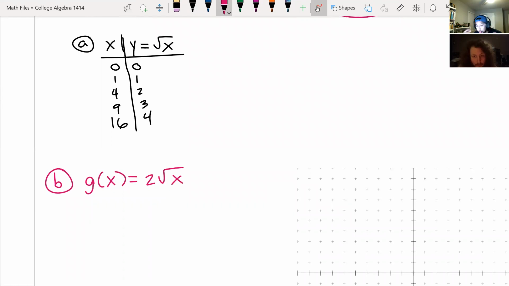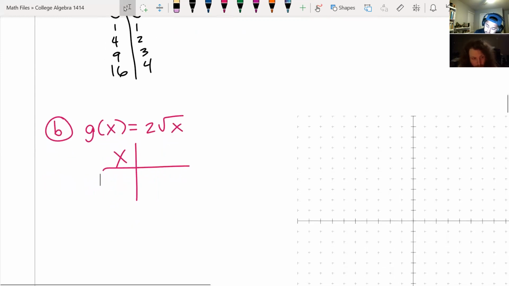Which means verticals only affect your y values, which means our x values are going to stay the same, and we're going to multiply all our y values by what number? 2. There you go.